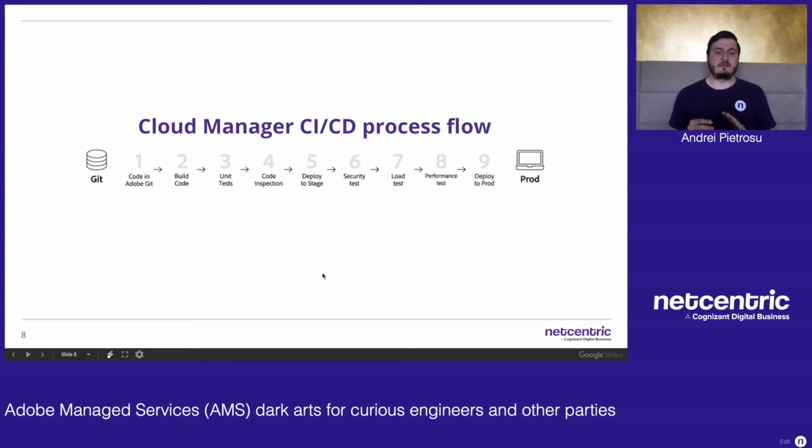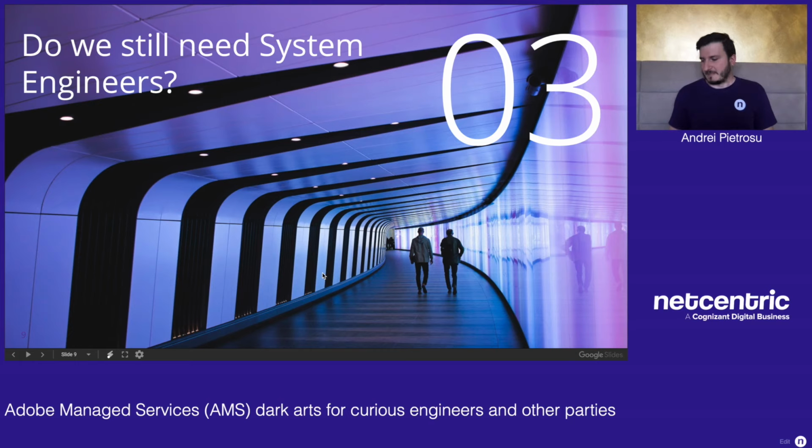So in total, 9 steps that are linked together, and if one fails, your deployment won't reach prod anymore. So it's also built on the idea that it should respect the highest standards of security and performance. So that's a nice presentation of AMS, but the focus of this is actually system engineers.